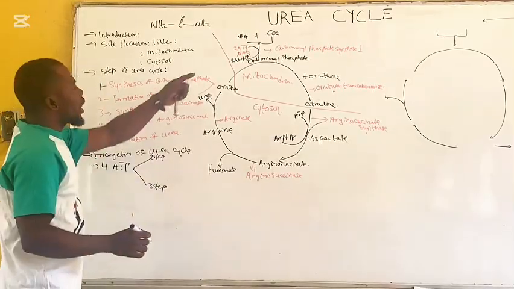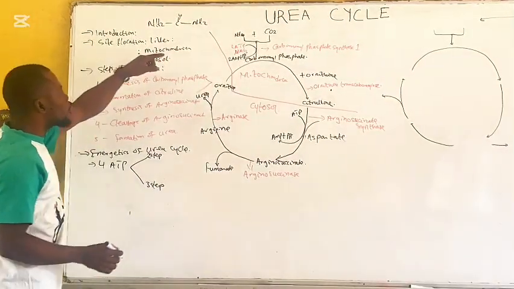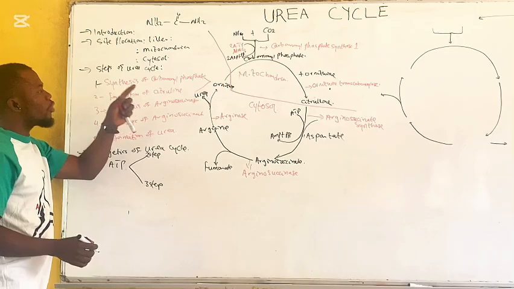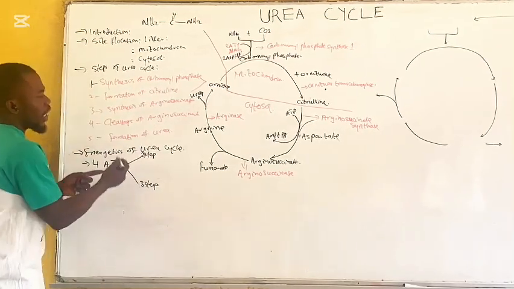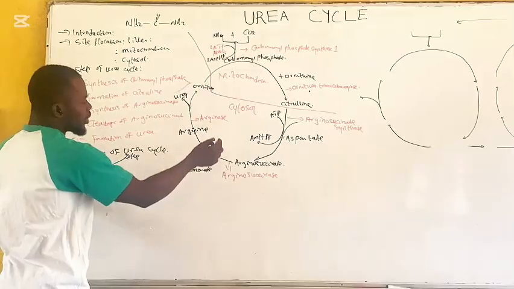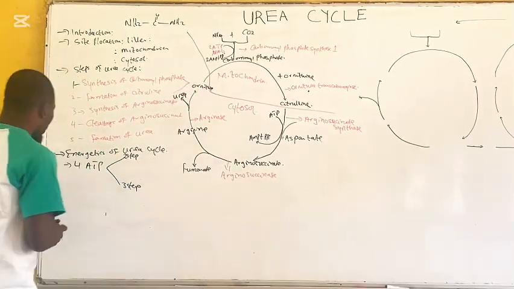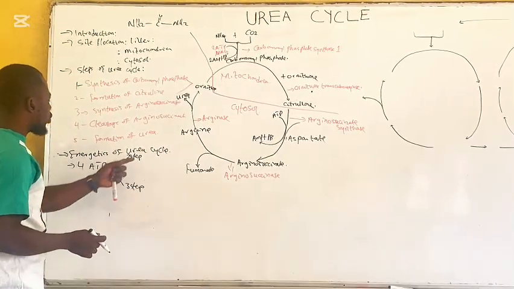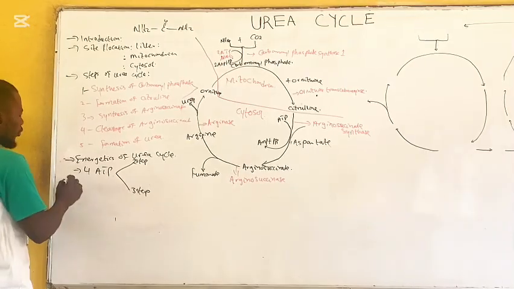The enzyme carbamoyl phosphate synthase utilizes 2 ATP to form carbamoyl phosphate, and argininosuccinate synthetase utilizes 2 ATP during the synthesis of argininosuccinate. So the urea cycle utilizes 4 molecules of ATP.